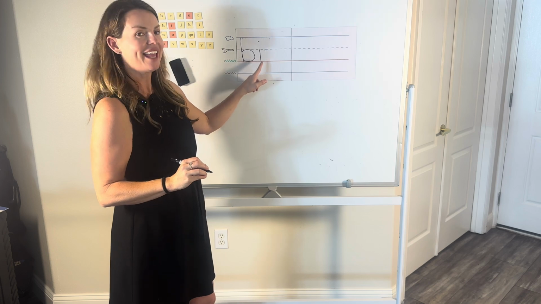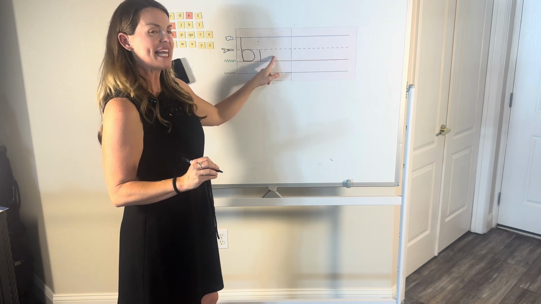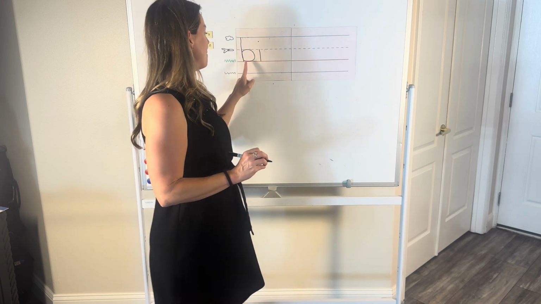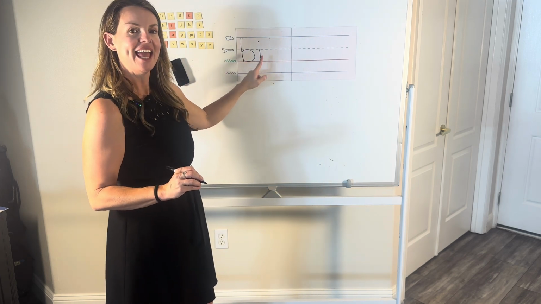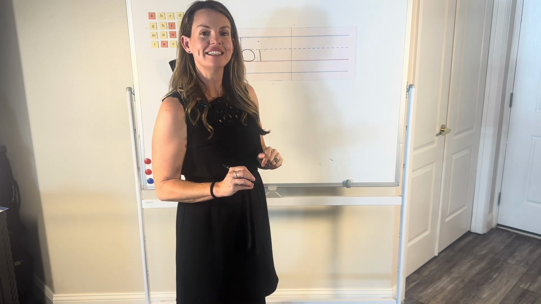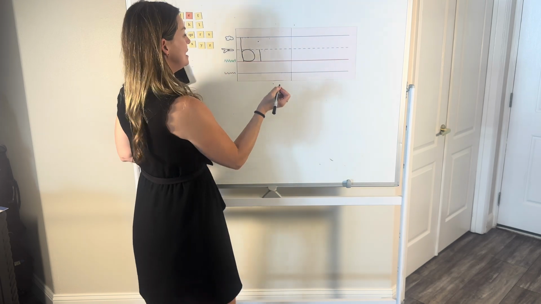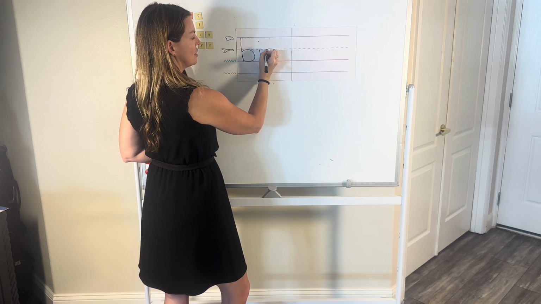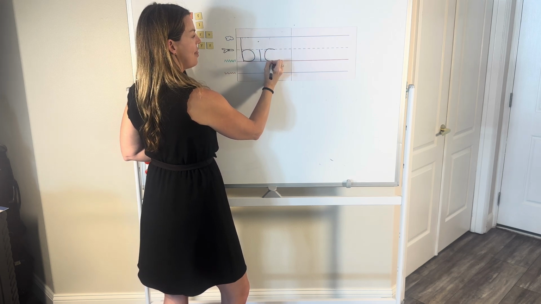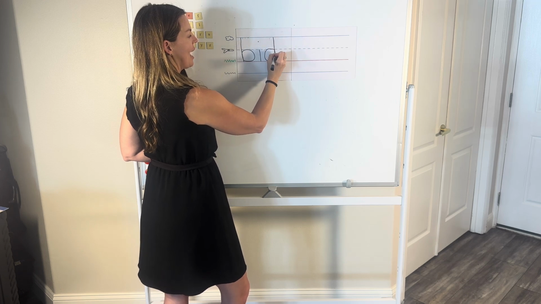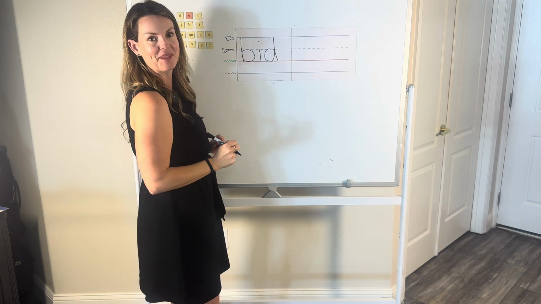What is the ending sound that we hear in the word bid? D. What letter spells D? D starts on the plain line. It circles around, then goes up to the sky and back down.